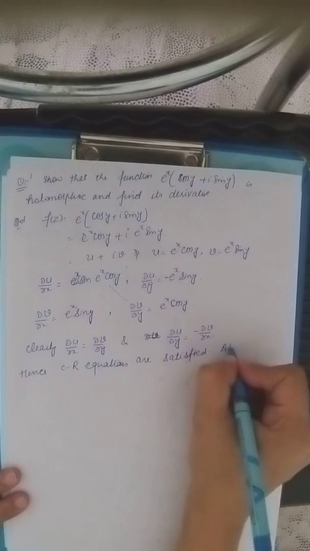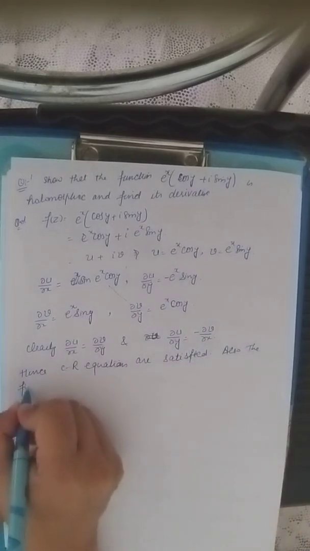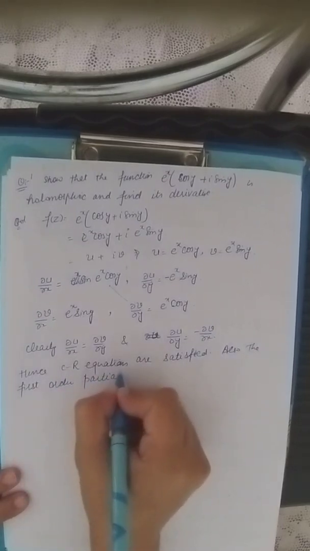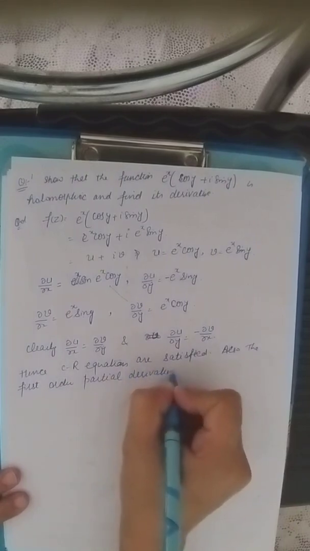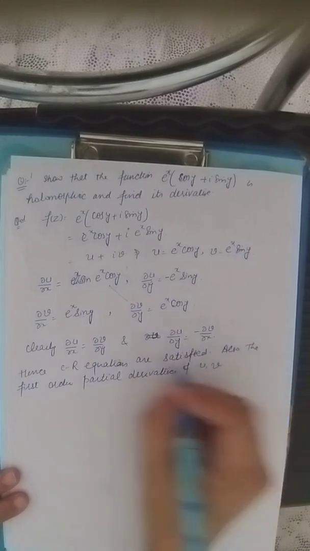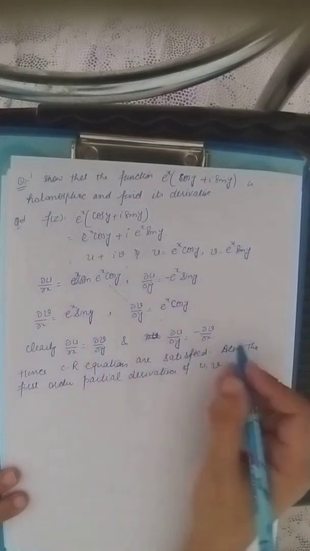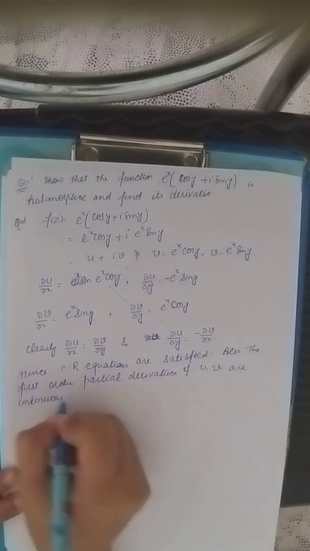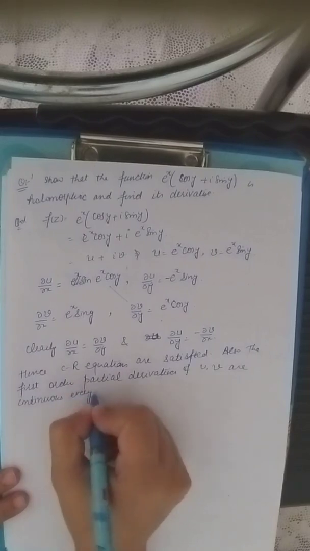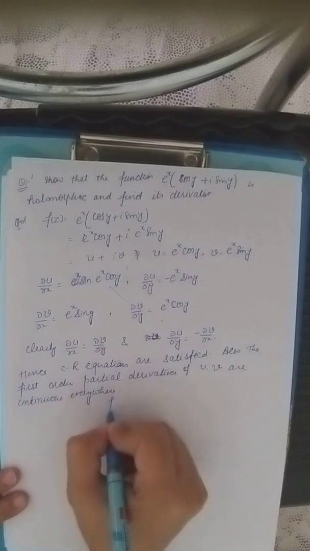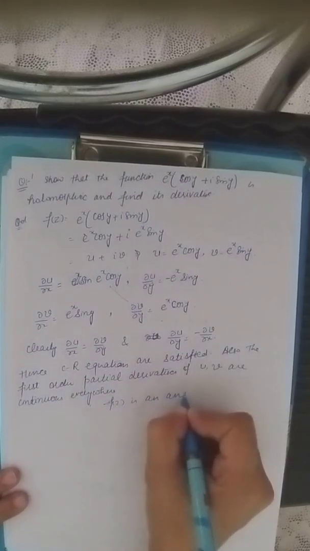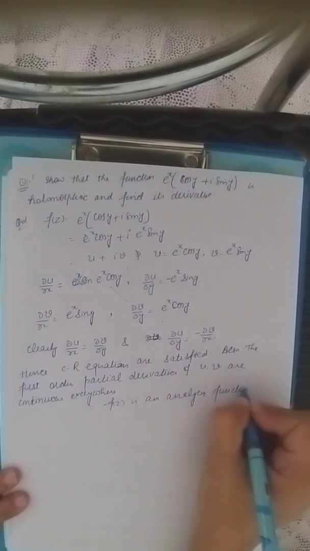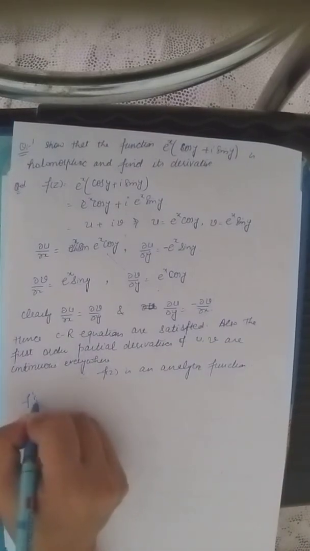Also, the first order partial derivatives of u, v, these are continuous everywhere, and therefore f(z) is an analytic or holomorphic function.